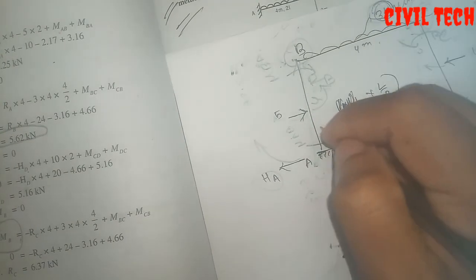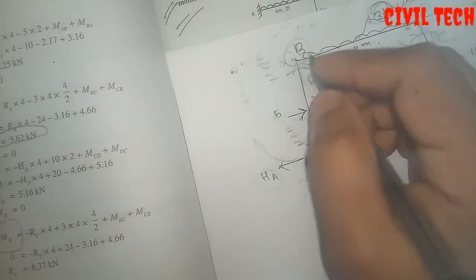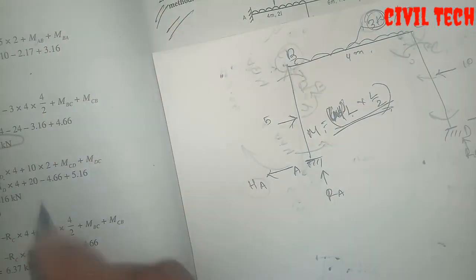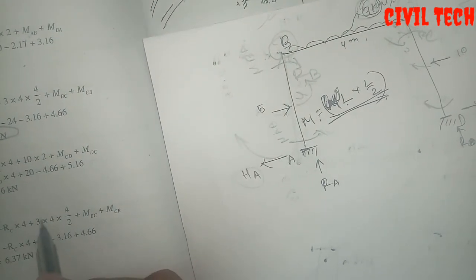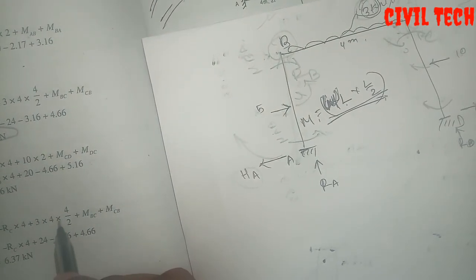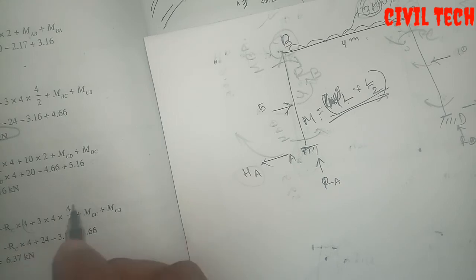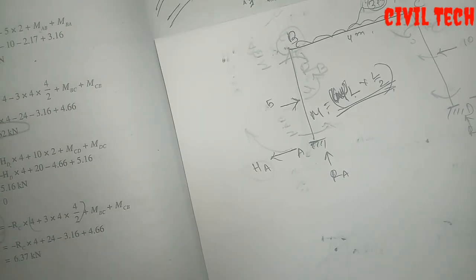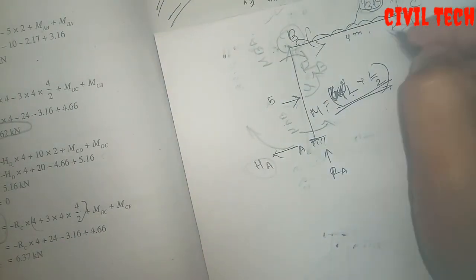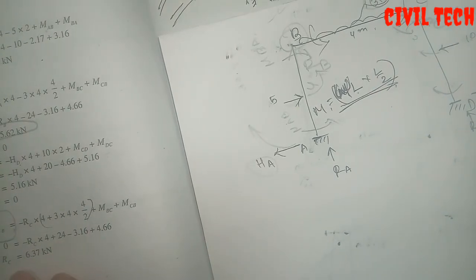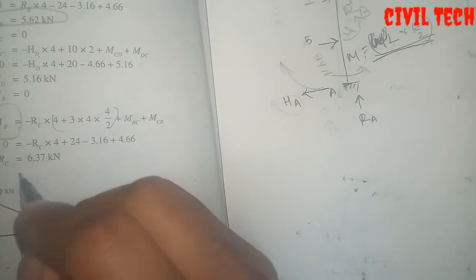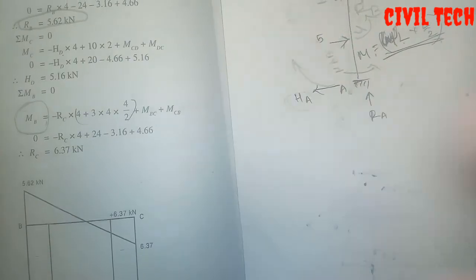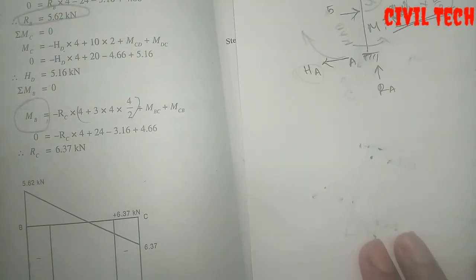This is our formula for the moment. Here also it is the same: our UDL load W into length 4 into 4 by 2, plus this MBC, MCB. So we get the value of reaction RC.